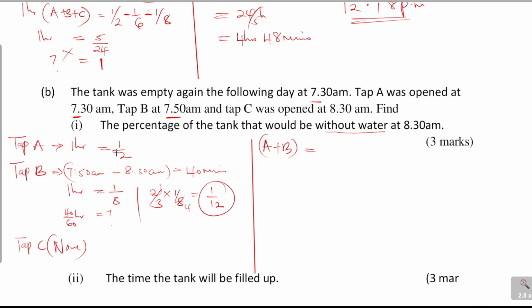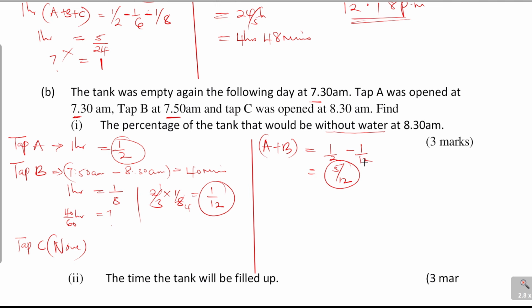We already have the fraction filled by tab A, which is a half, and then the fraction emptied by tab B, which is 1/12, and we are subtracting this because B is emptying. So A plus B combined, C will not have any impact. When you subtract, you get 5 divided by 12. That is the fraction that will be filled by 8:30.